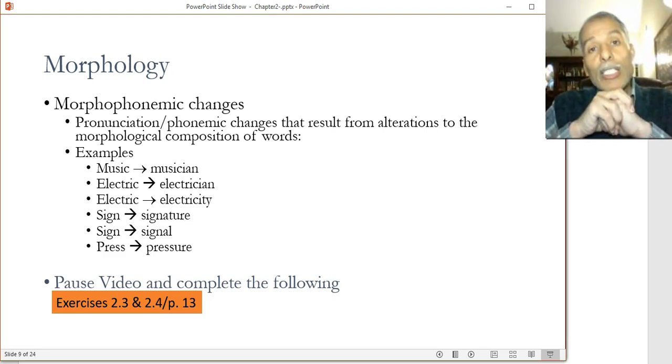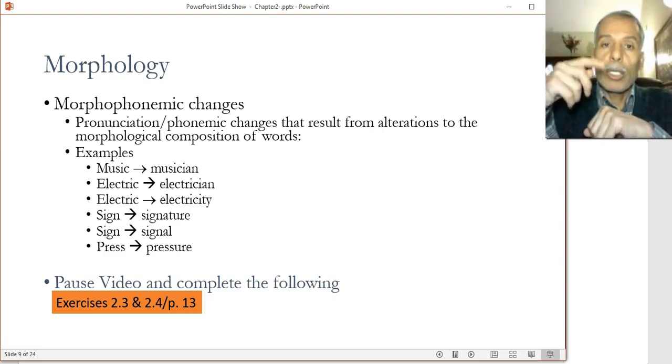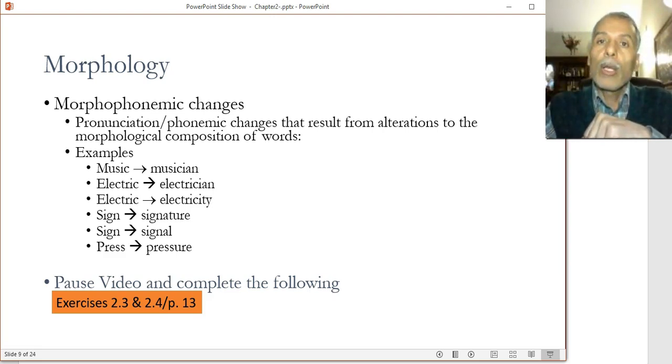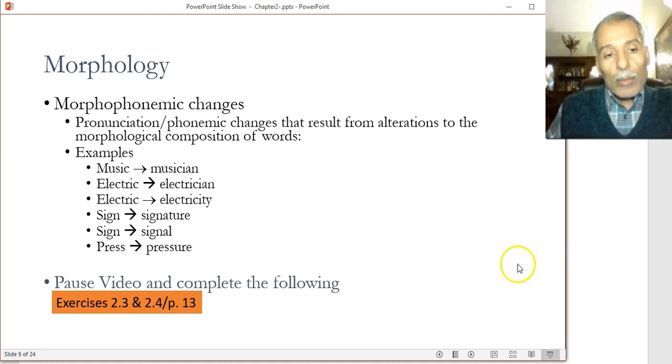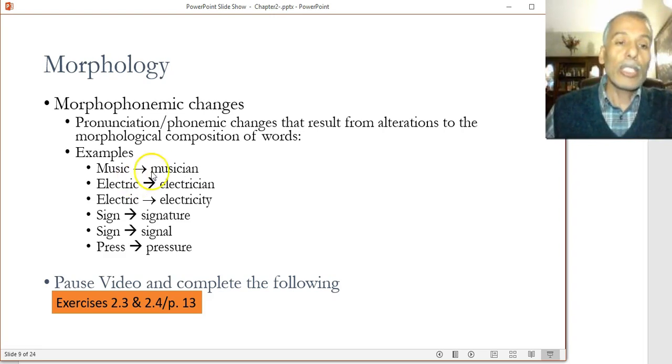But in the process, changing the composition of the word is going to alter the pronunciation of certain sounds in the word. And we call these morphophonemic changes. I'll give you examples. So here you have music as one morpheme. And now you add ian, which means a person who plays music. So musician.